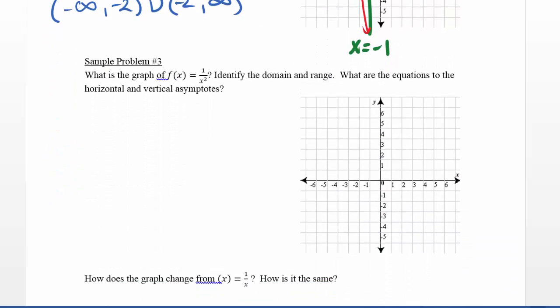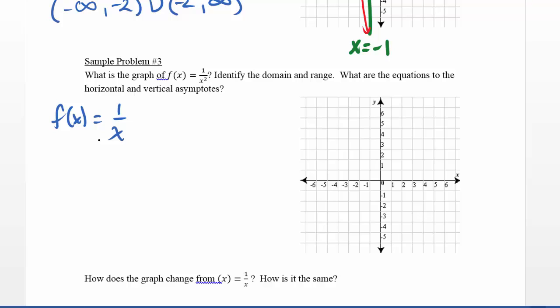This one's quite different. It says, what is the graph of f of x equals 1 over x squared? And of course, if you remember, the reciprocal function that we were dealing with earlier was just 1 over x. Now we're asking for f of x equals 1 over x squared. You could go ahead and plot points of this, but I want you to think about this from a logic standpoint.